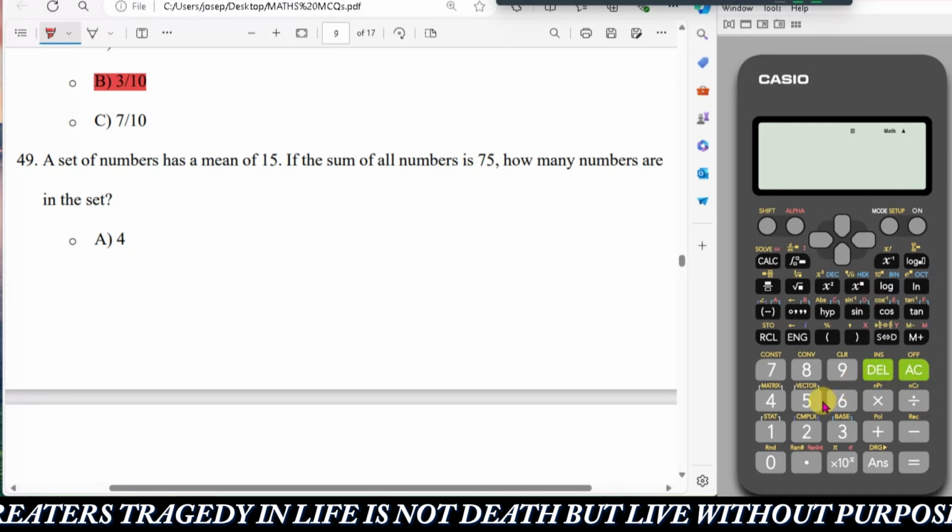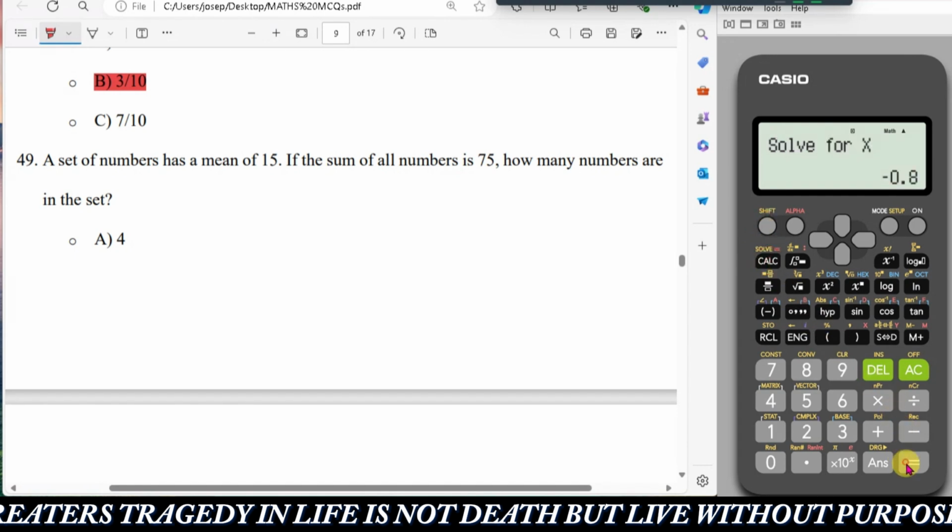Now remember, to get the mean, we take the sum, which is 75, and divide by the total number of data in the set, and that must give us the answer 15, which is the mean. So once you analyze it like this, we are looking for x, so you multiply by x and you divide by 15: x equals 75 over 15, and now we get the answer.